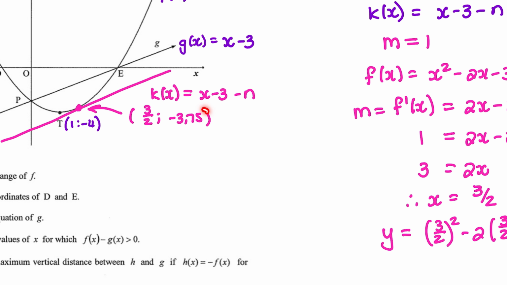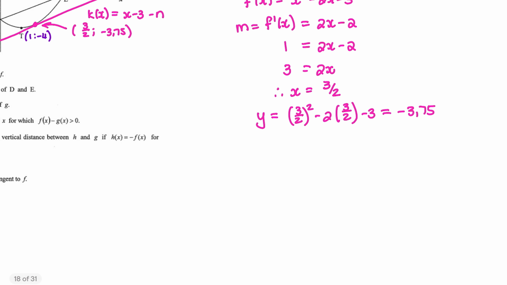So we have a y value and an x value, which we can substitute into our equation of k(x). So we have k(x), y equals x minus 3 minus n, where the y value is negative 3.75. The x value is 1.5, so it's 1.5 minus 3 minus n.